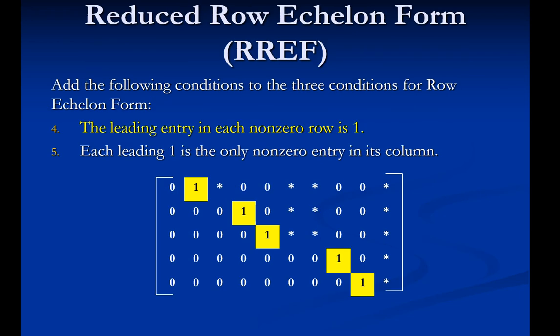Sometimes we actually want to do two additional steps, and go all the way to reduced row echelon form. RREF is going to be our abbreviation for that. It's going to be helpful in certain situations to be able to go all the way to RREF.